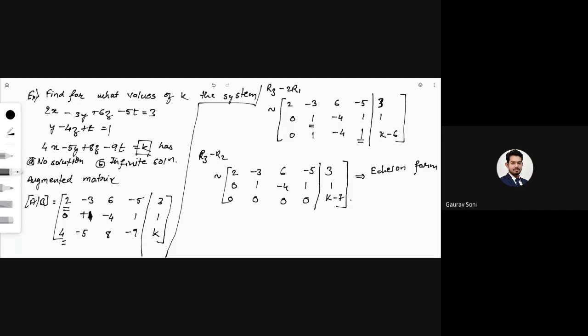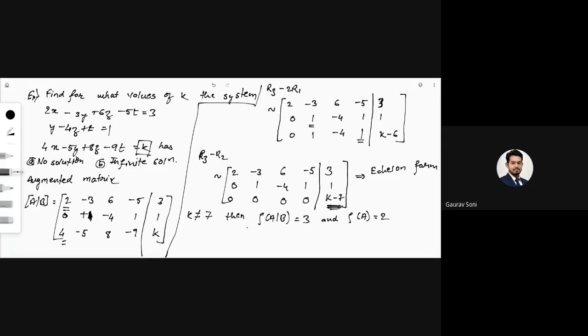Now, in this, k minus 7 will define the rank of the matrix. So, if k is not equal to 7, then the rank of the augmented matrix is 3, and the rank of A will be 2, since there are only 2 non-zero rows in this.